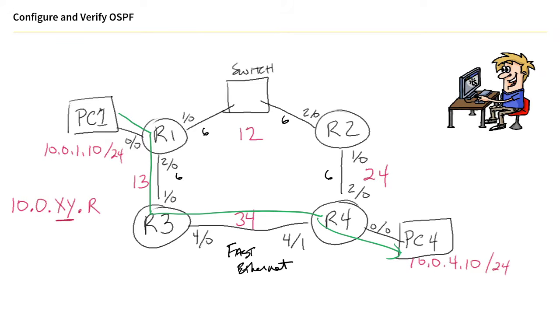Yeah, it's the problem I talked about earlier. Unfortunately, because the auto cost reference bandwidth is set to 100 megabits per second, the Fast Ethernet looks like a cost of 1, and the gigabit Ethernet also looks like a cost of 1.